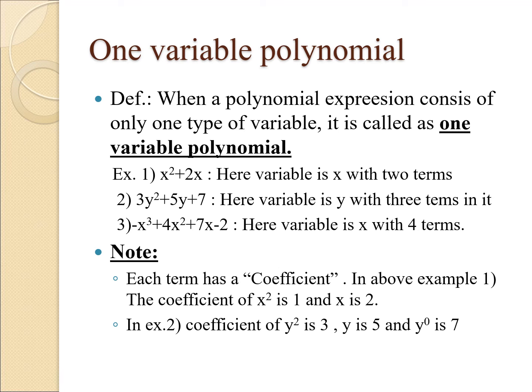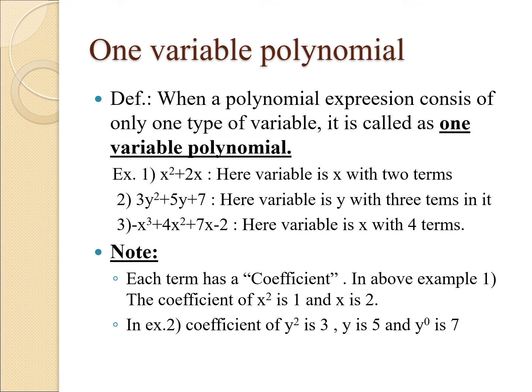Here in the first example, there is no constant term written, so let us consider the coefficient is 1. So the coefficient of x square is 1. What is the coefficient of x in the first example? It is 2. So these are called coefficients.